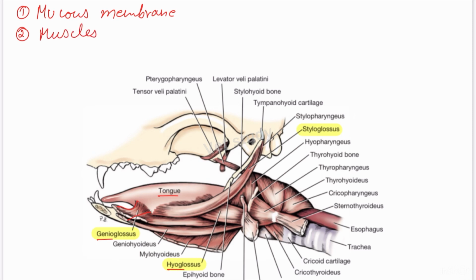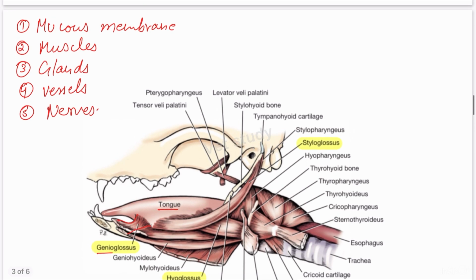There are two types of muscles, extrinsic and intrinsic. We will discuss that. The third one is the glands. The fourth one is the vessels, which may be blood or lymphatic vessels. And the fifth one is the nerves. So these are the things which make up the tongue. Let's discuss them one by one.